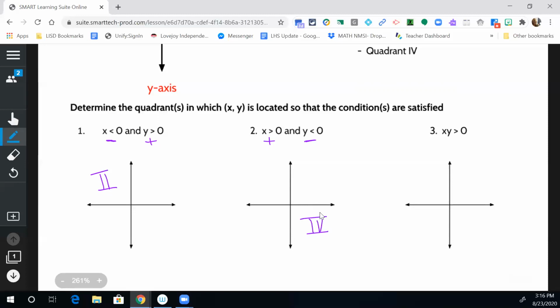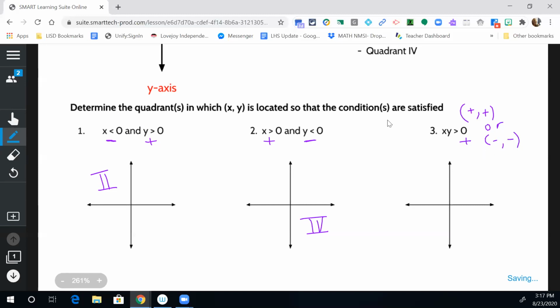Now this one's a little bit tricky because it's saying when x and y are multiplied together, I will get a positive. The only way x and y could give me a positive is if they were both positive. Positive times a positive is a positive. Or a negative times a negative is also positive.